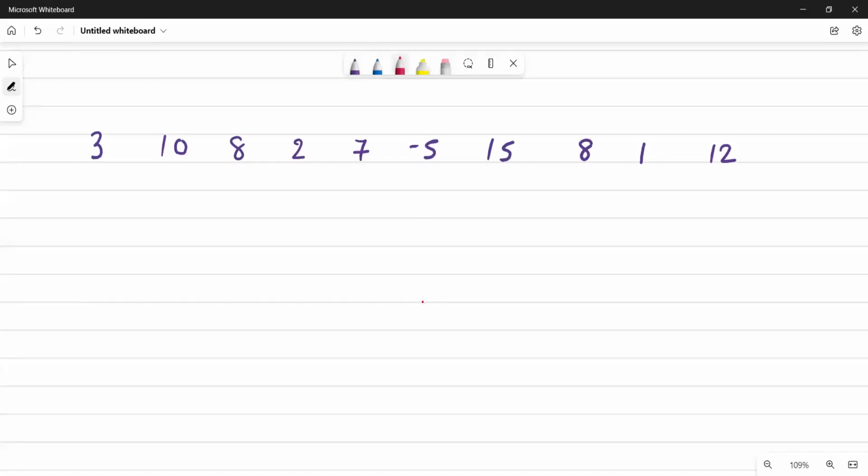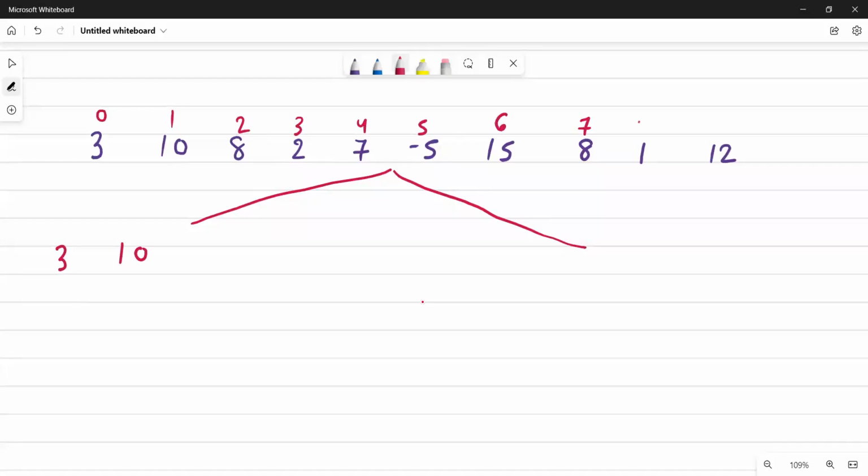Now what can be done here is we will try to divide this particular array into two parts. That is, now we will get here 3, 10, 8, 2, and 7. Here you are going to get minus 5, 15, 8, 1, and 12.